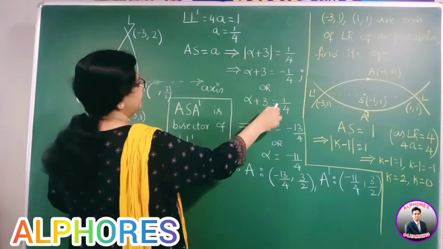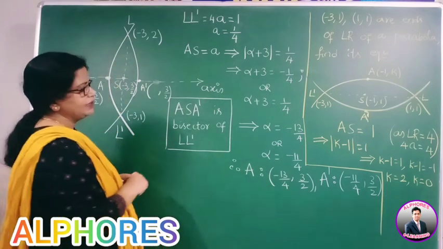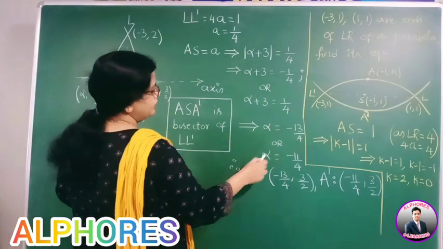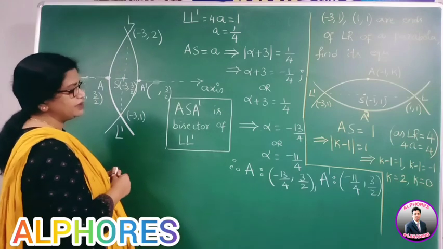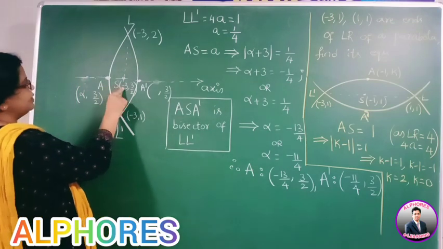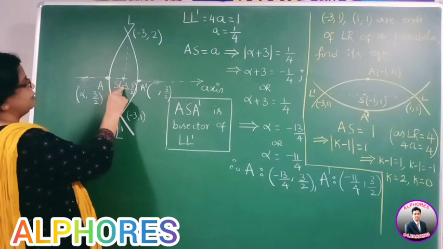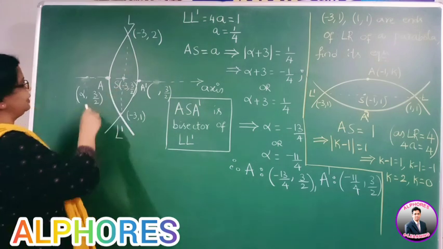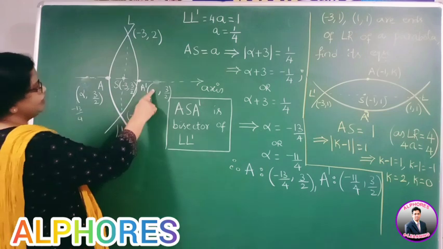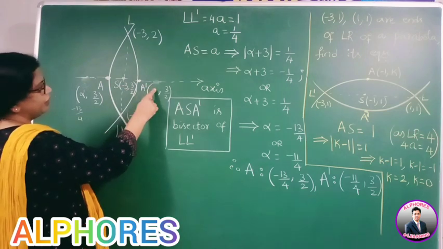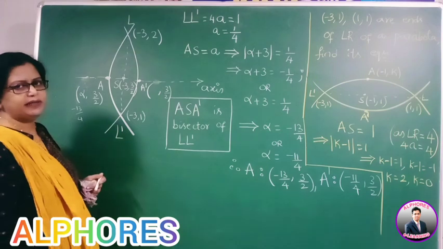One time we took plus and one time minus, thereby we got these values of alpha. Now what about this side vertex? As it is -3, we have taken this side -13/4, and this side, being more, should be -11/4.